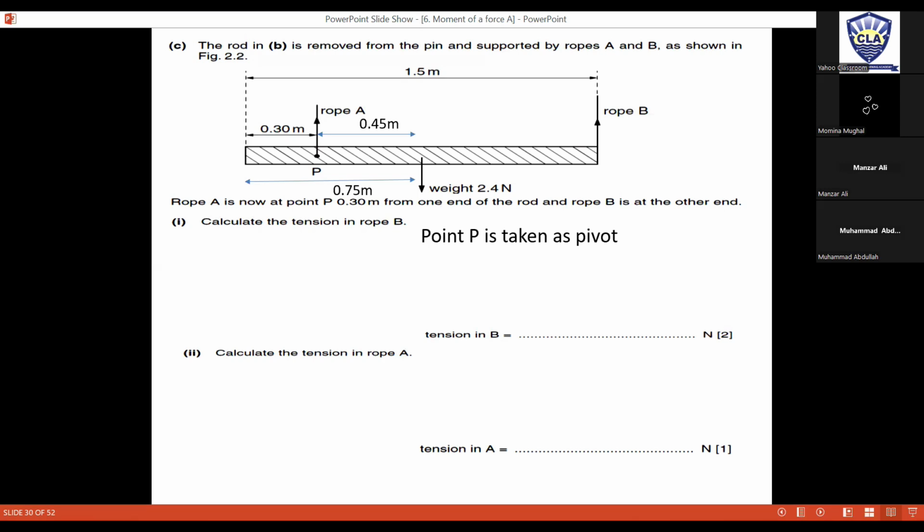For rope B, the distance will be 1.2 meters because 1.5 minus 0.3 is 1.2. Now apply the principle of moments, that is rope B into 1.2 is equal to 2.4 into 0.45. And from here, we get the value of force as 0.9.